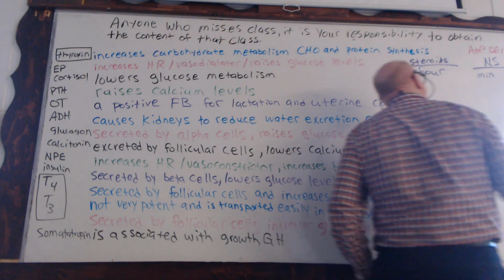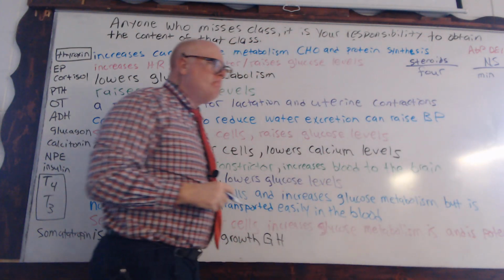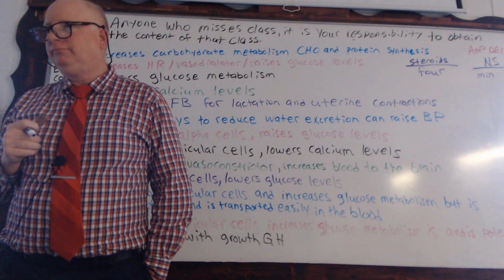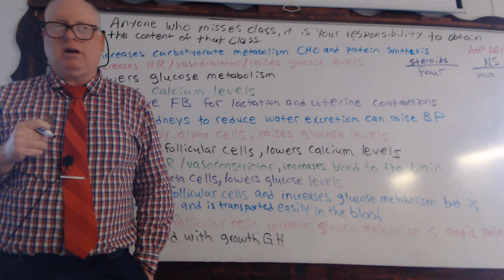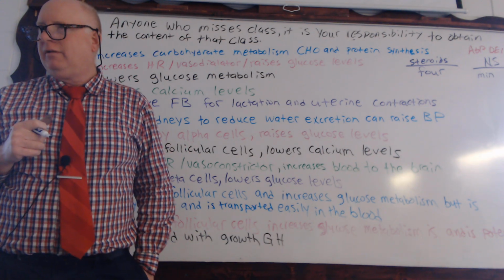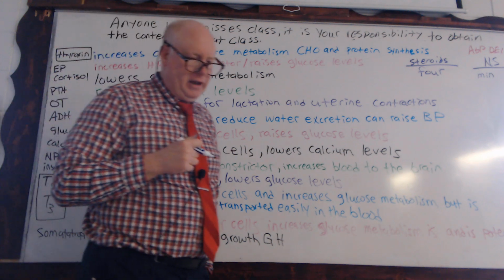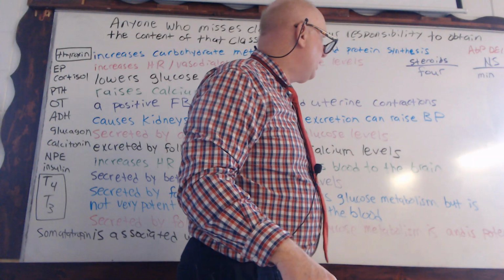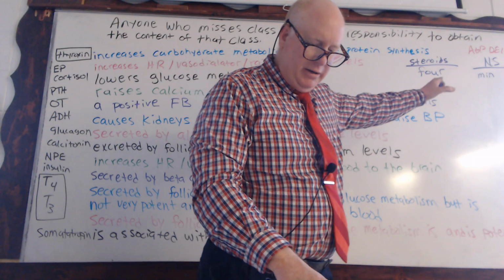So how many non-steroids are mineralocorticoids? 2. I think you're off by just a little bit. I think it's 3. Okay, so let's look. Our mineralocorticoids we're talking about, that's why we put min up there.